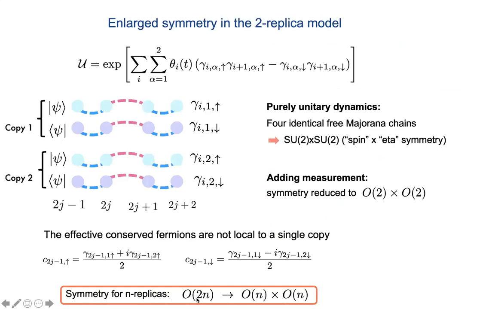So actually, with only unitary dynamics, we have O2N symmetry in case of N replicas. And if we add measurements, that O2N symmetry is reduced to ON cross ON. So rather than O2 cross O2 for 2 replicas, you have ON cross ON. And in reality, you actually need to take the N to 1 limit.